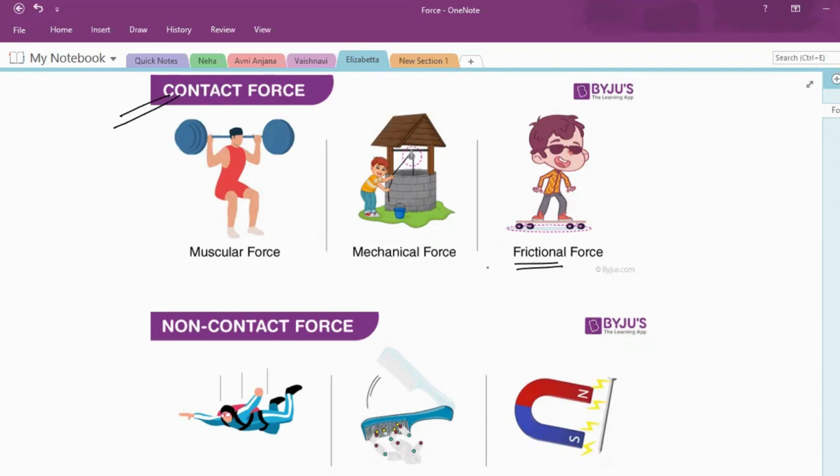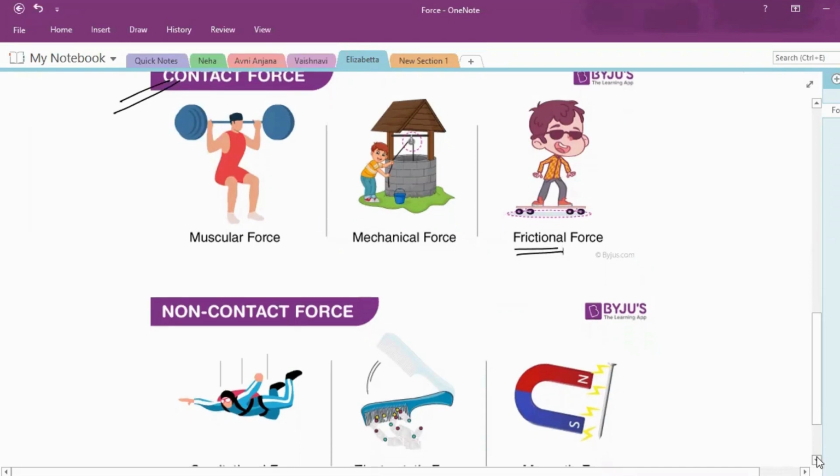Or suppose when an apple is falling down from a tree, we say that it happens because of gravitational force, right? Gravity acts in the downward direction, but do you need to be in touch with the earth all the time? No. So gravitational force can act without being in contact.